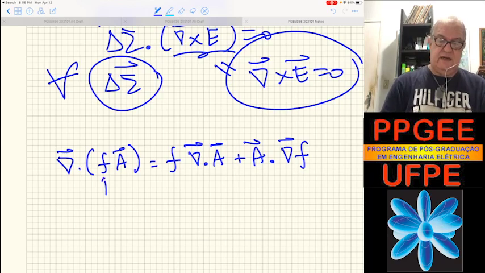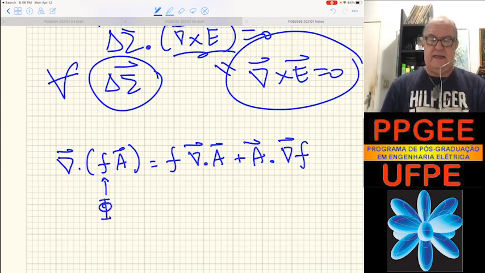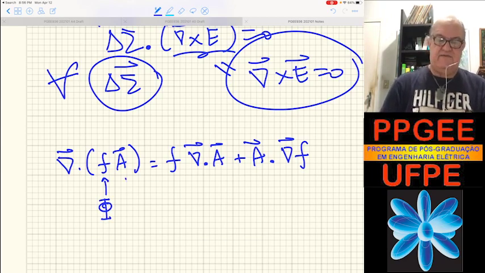The function here is phi, in our case, and the A vector is the D vector.